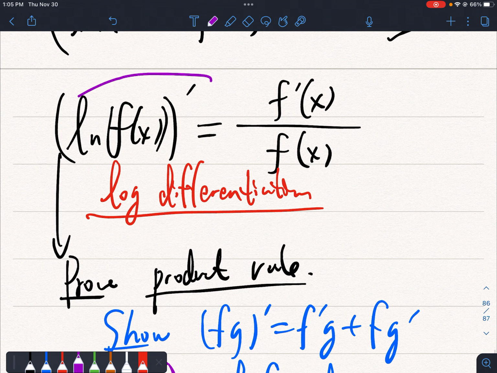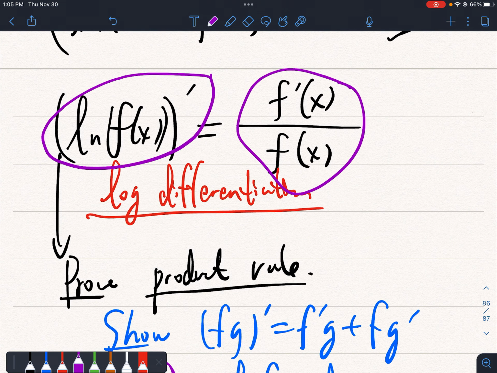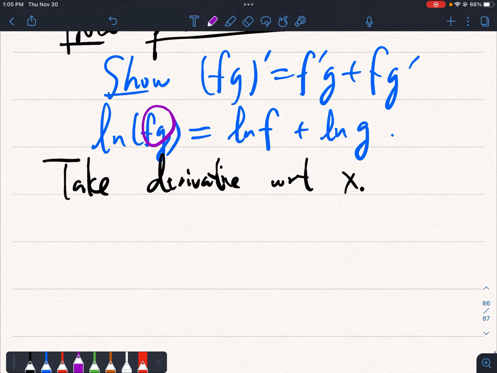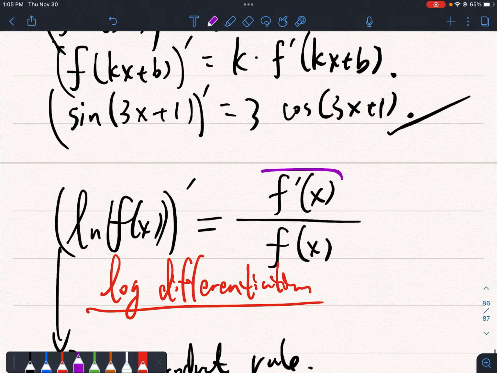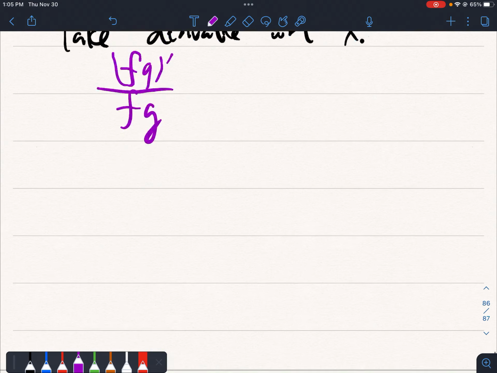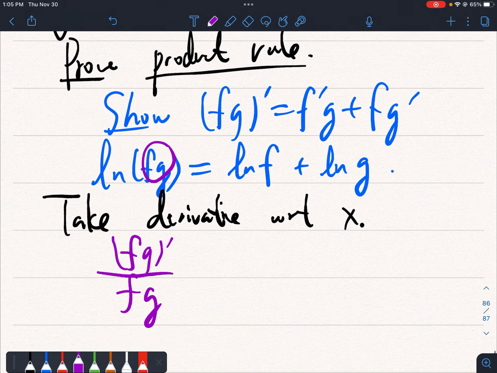Then on the left hand side, what we get is, so we can think of fg as a function, right? It's a function. So then by the log differentiation, the derivative of the log is f prime divided by f. So here, this gives you (fg) prime divided by fg, right? Because fg is also a function. It's log of, so we can call it h, log of h. Then we get this, right? We can use the log differentiation rule to get this.